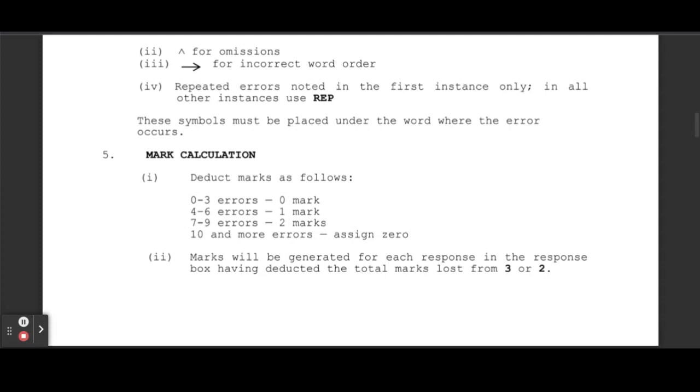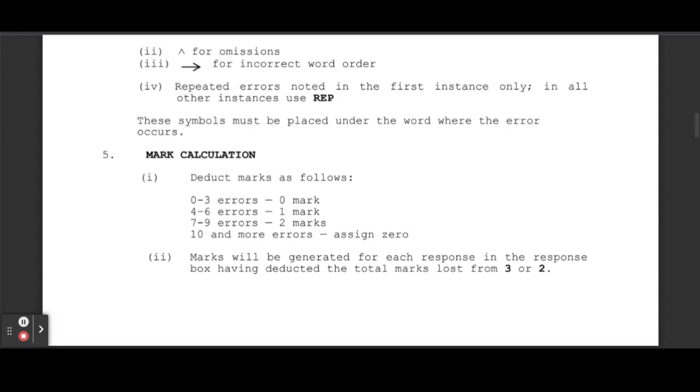Please don't take this as an opportunity to create errors and just leave them. Okay, that's not what this is about. But basically 0 to 3, according to the syllabus, there are 0 marks deducted for errors. For 4 to 6 errors, you get 1 mark deducted. 7 to 9, 2, 10 and more, 0. Right?